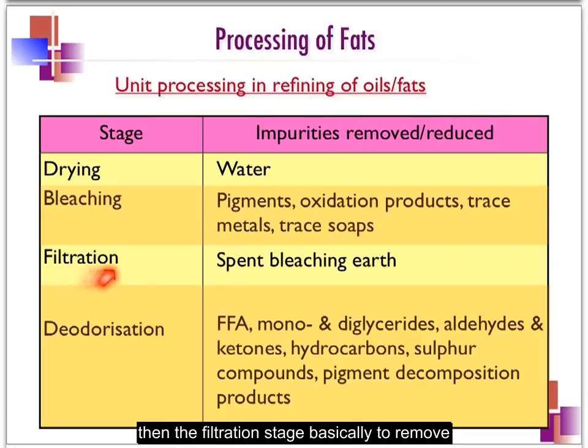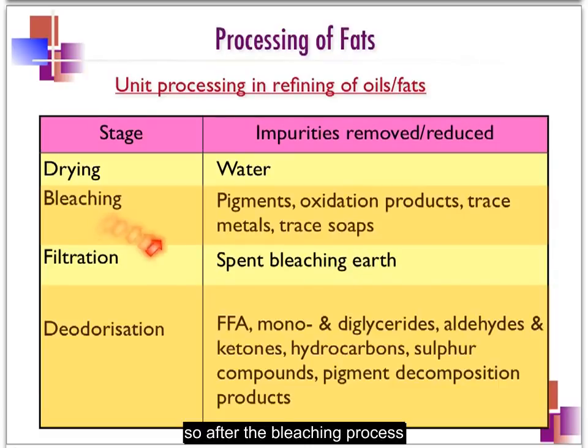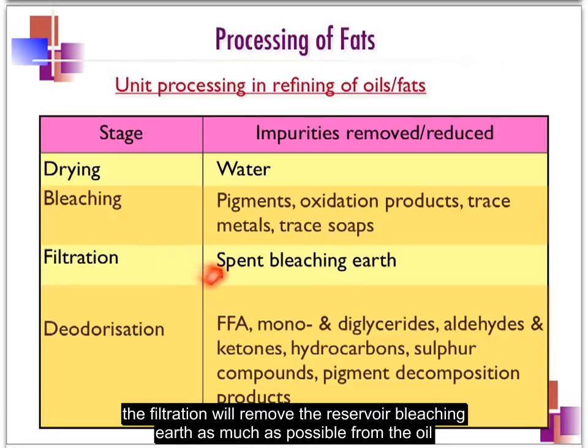Then the filtration step is basically to remove what we call spent bleaching earth, because bleaching earth actually exists in the form of powder or insoluble particles. So after the bleaching process, the filtration will remove the residual bleaching earth as much as possible from the oil.